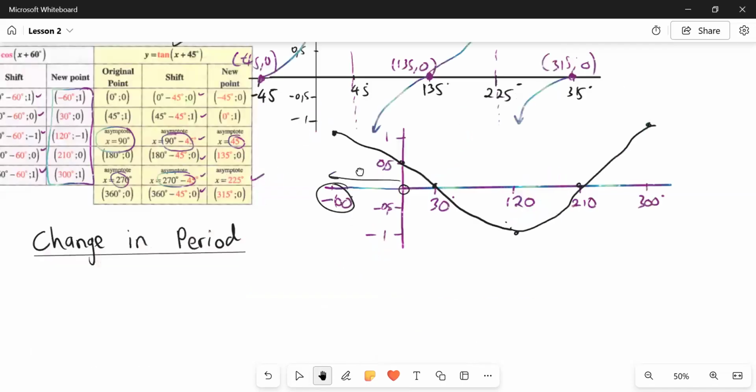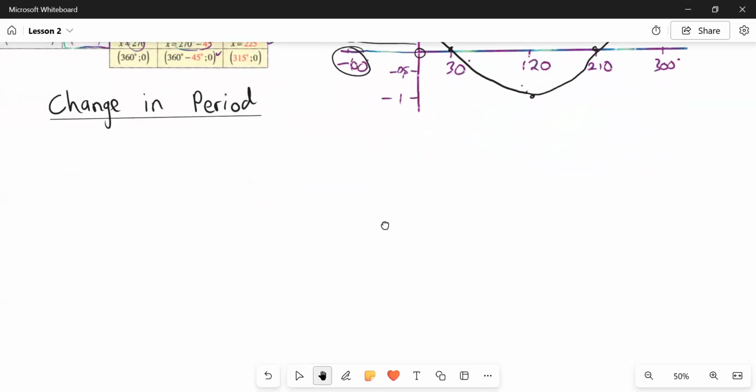For the change in period, on our previous video, I explained the effects of k, which is the change in period. How does k affect our graph? A change in period stretches or compresses the graph horizontally. It can either stretch or compress the graph.